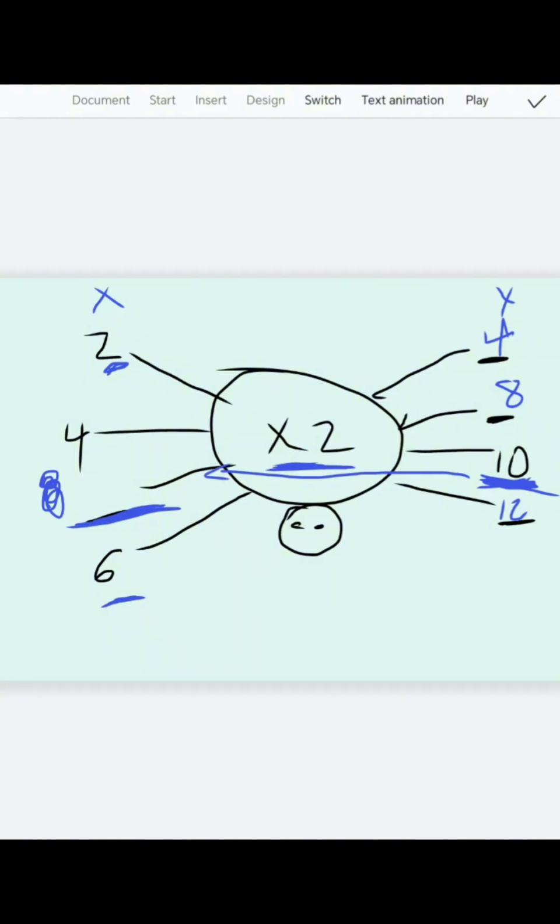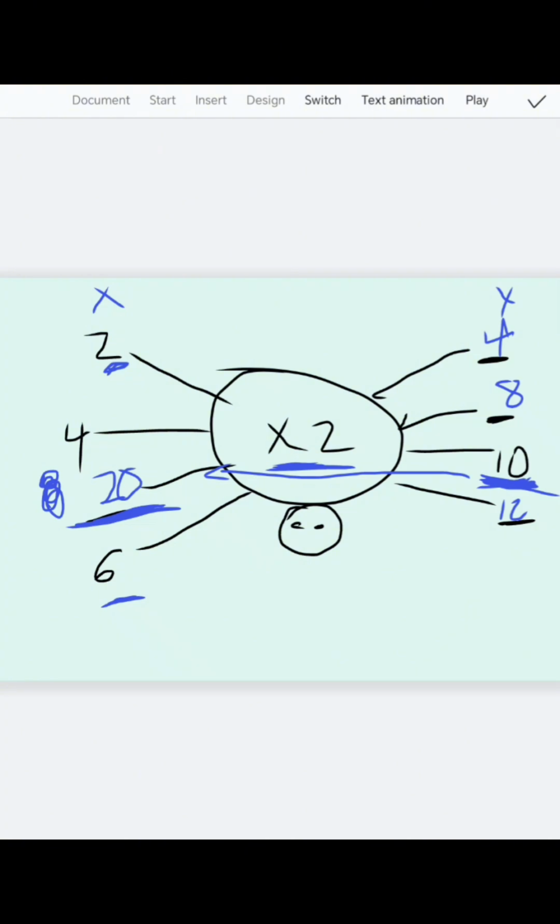So here you cannot say 10 multiplied by 2 and you will get the input, because 10 multiplied by 2 gives 20, which is actually wrong, because 20 multiplied by 2 is not going to give you 10. It gives you 40, which is more than 10, which is wrong.